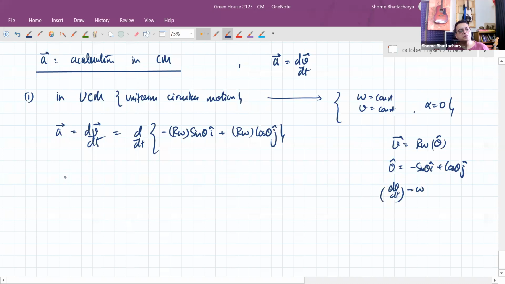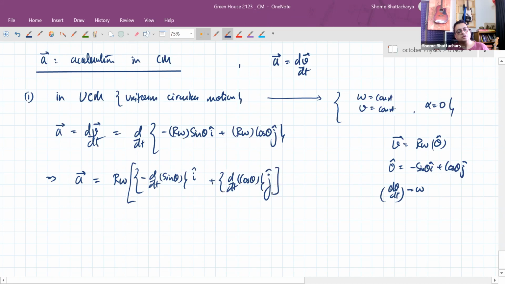So just applying that same definition here. This time when we look at the acceleration, we can take r omega common outside because omega is uniform. So it's differentiation of sine theta. This term directly gets multiplied with i cap, and then with a minus sign, and then differentiation of cos theta with respect to time. This term directly gets multiplied with j cap.